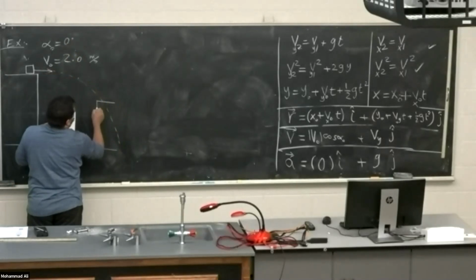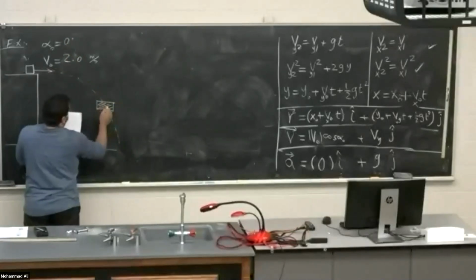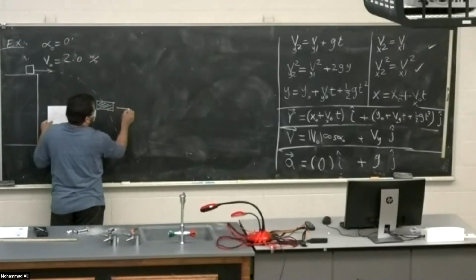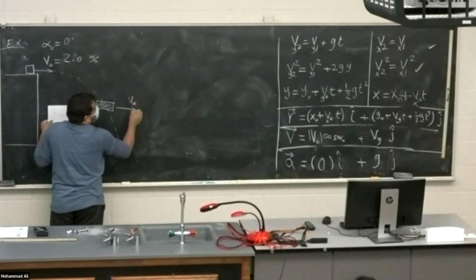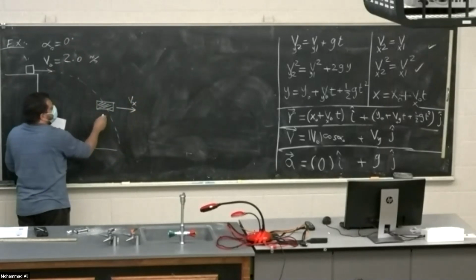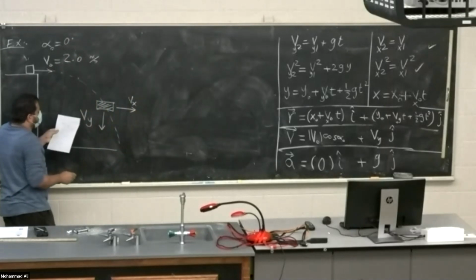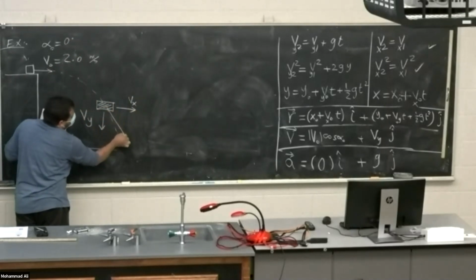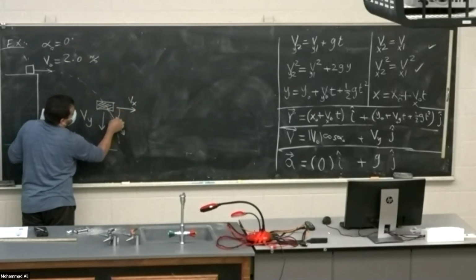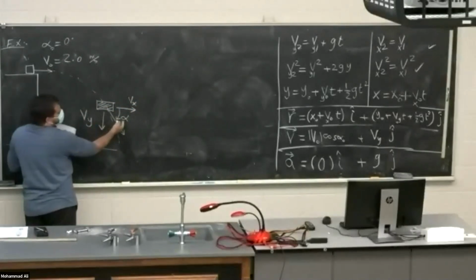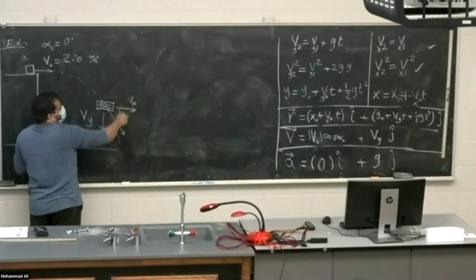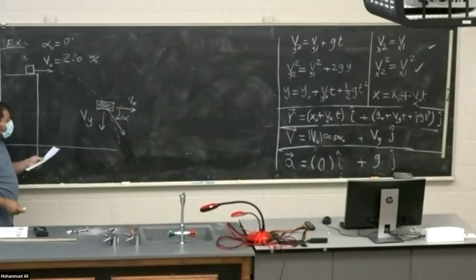We have the object later with Vx, velocity in x direction, and Vy in y direction. Also, it has its angle alpha later. It's the same, this alpha or 360 minus this alpha.